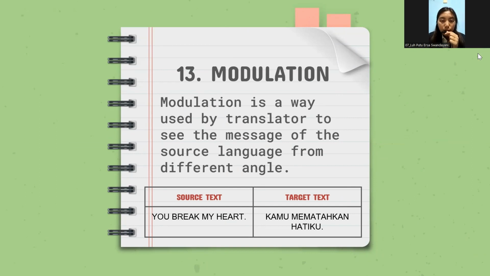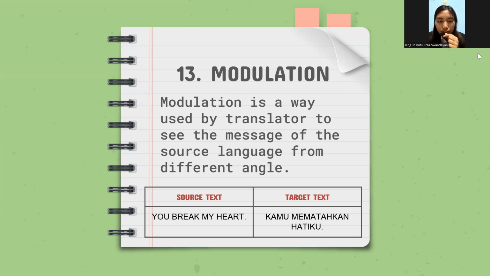The type number 13. Modulation. Modulation is a way used by translators to see the message of the source language from a different angle. This technique is used when a literal translation produces an unnatural translation.